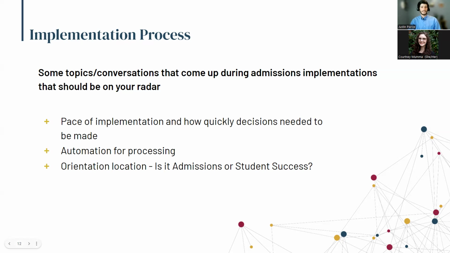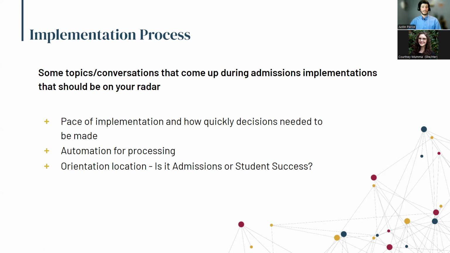Thinking about your timeline, there's so many things that you need to set up and that can be customized in Slate during implementation that, if you start to fall behind, will you continue to meet your timelines? Implementations feel like a lot of time if you're looking at months and months in front of you, but there's work to be done the whole time, and decisions do need to be made quickly. That was a big one that you want to look at in your timeline.